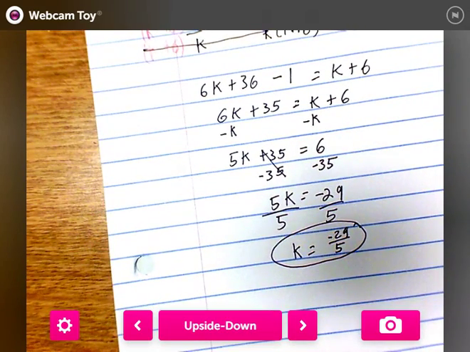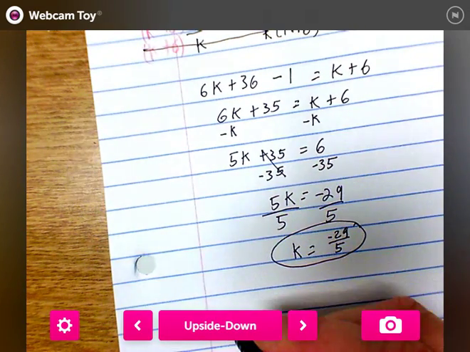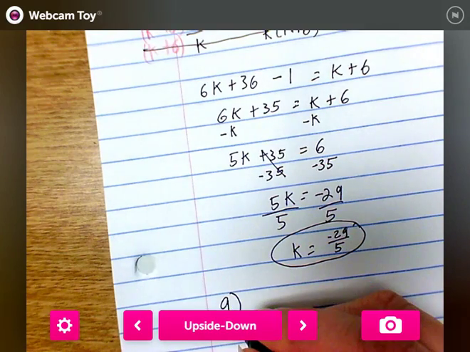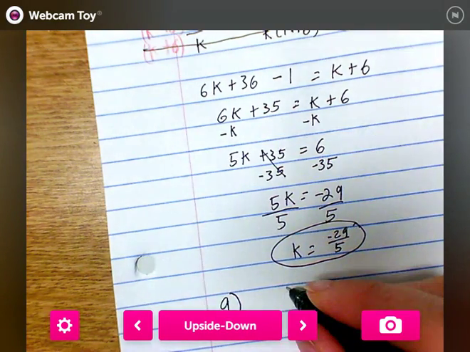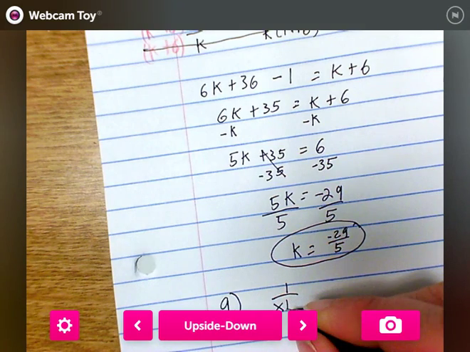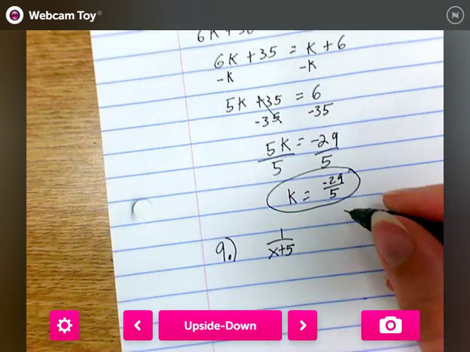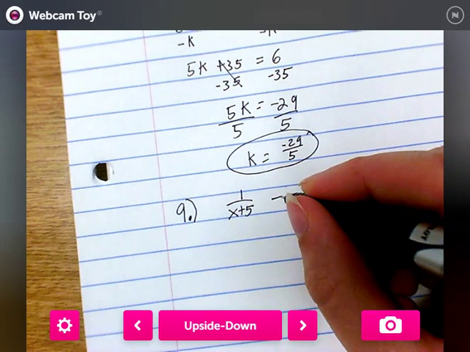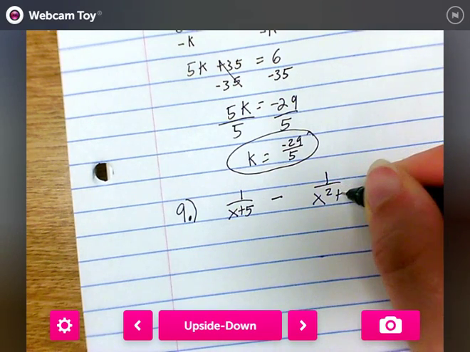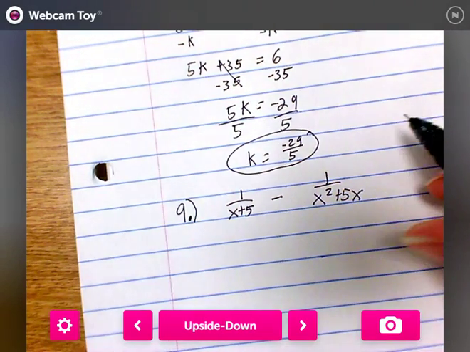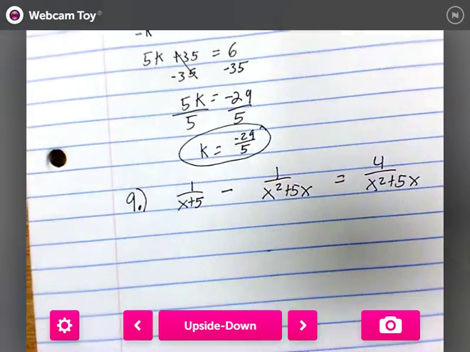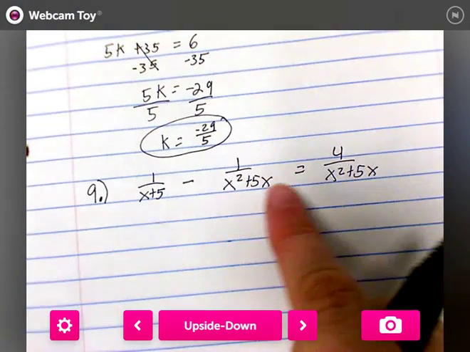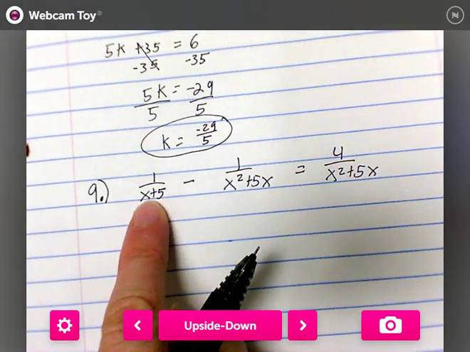Okay. Let's look at number 9. All right. 9, we've got 1 over x plus 5 minus 1 over x squared plus 5x equals 4 over x squared plus 5x. First thing I'm going to do is factor these so I can see what I would have to multiply that by.